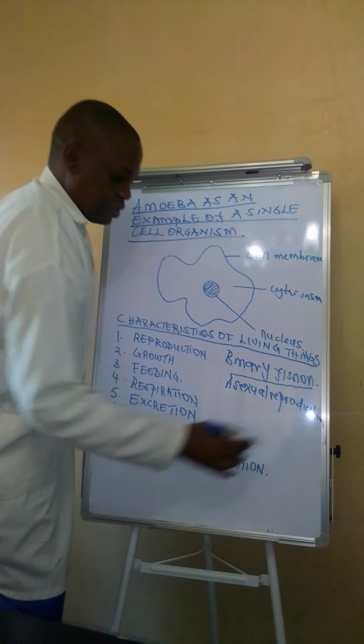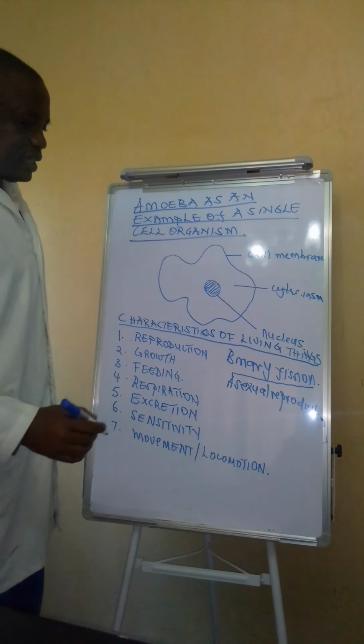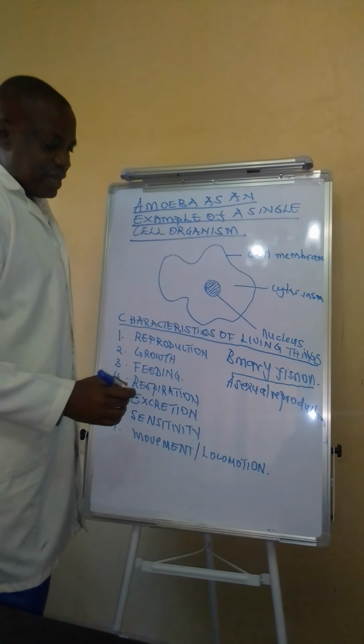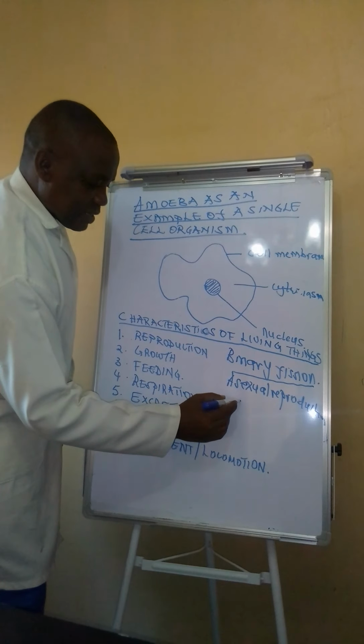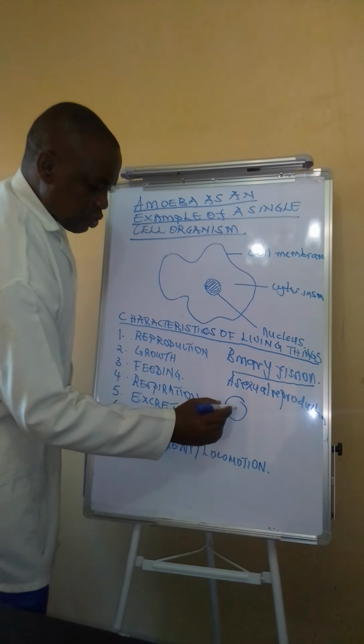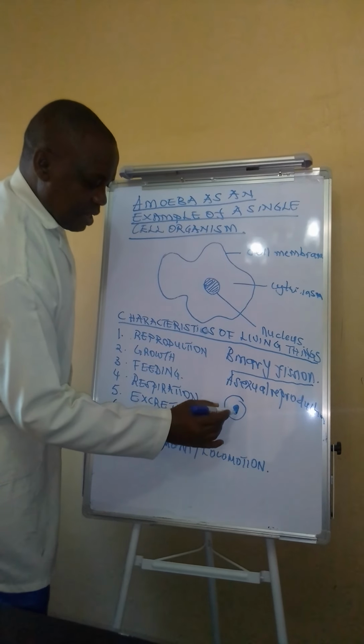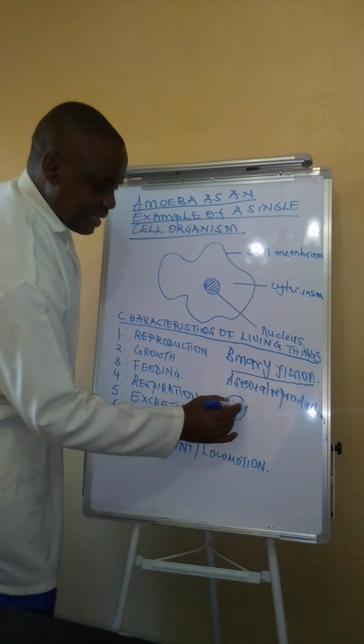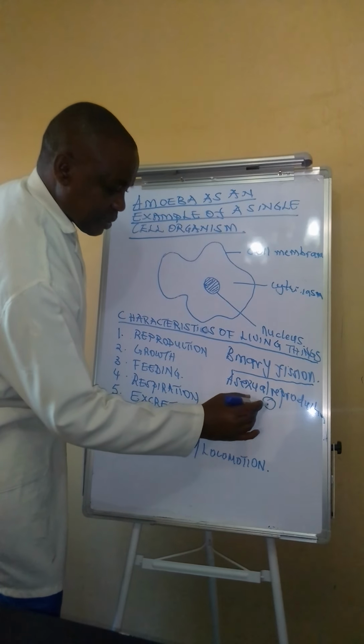In this way, what amoeba does is that you have the parent cell, for example, this could be the parent cell of amoeba, and then it divides into 2 daughter cells.